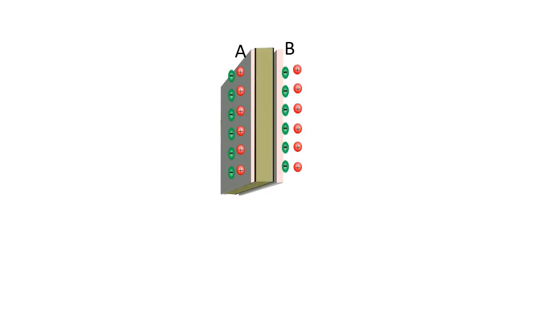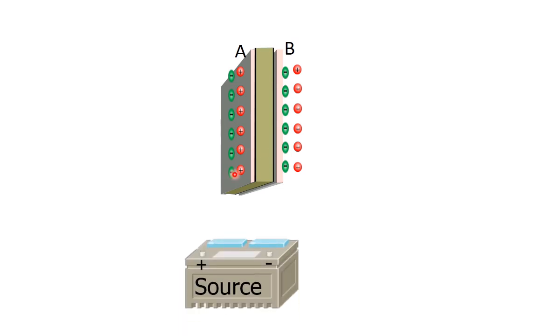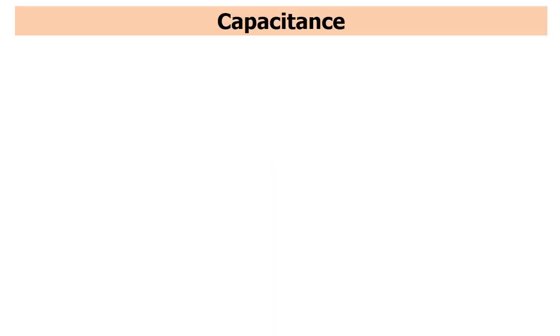We have to insert an electric insulator in between the two plates A and B. After that we have to connect the two plates A and B with the source. After completing the circuit, we can see the charge from the source will be stored in the plates of the capacitor.